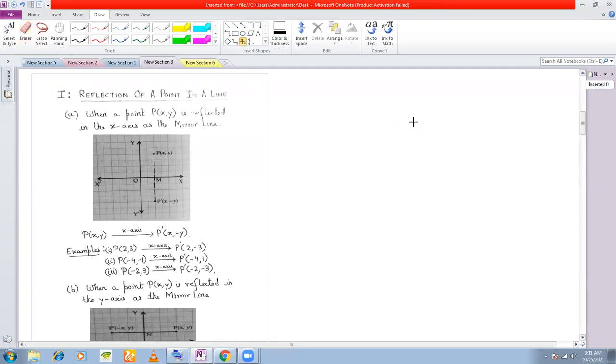Suppose I give you the coordinate axis. And I want to reflect a certain point, say P(x, y), with x-axis as my mirror line.